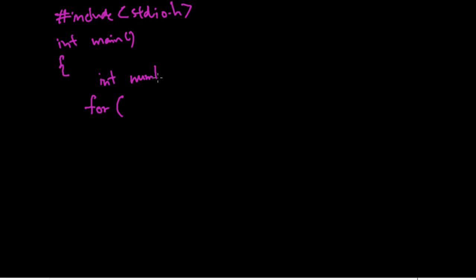We initialize num1 as equals to 1 semicolon. Now for the condition, it's from 1 to 20, right? So num1 will have to be smaller or equals to 20 to come into this line and execute semicolon. And this, which most people will be confused, is the reinitialization.